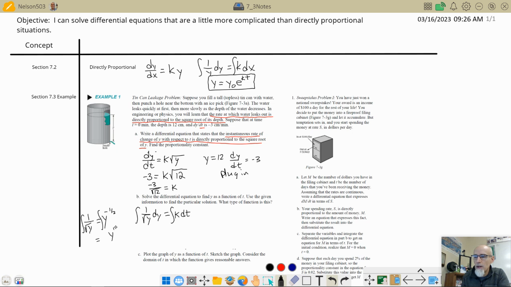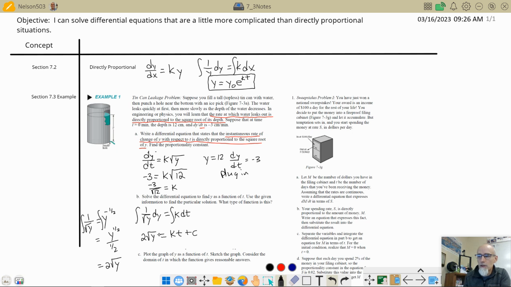That would become y to the +1/2, and then I would divide by 1/2. Well, dividing by 1/2 is the same thing as multiplying by 2, so I just get 2 square root of y, right? Because the 1/2 power is the square root of y. So this side right here becomes 2 square root of y, and then the right side becomes k times t plus some constant.